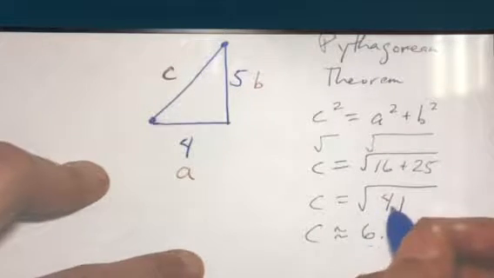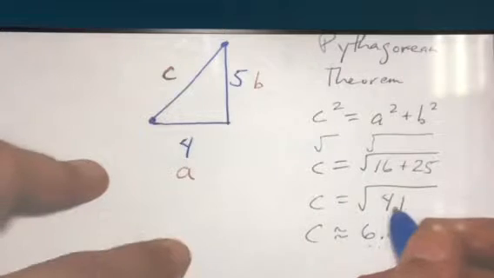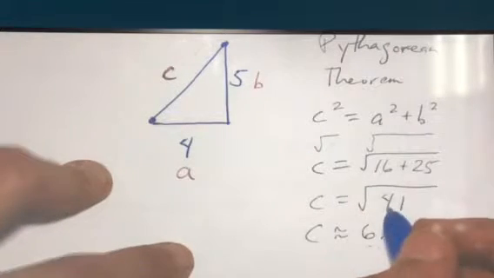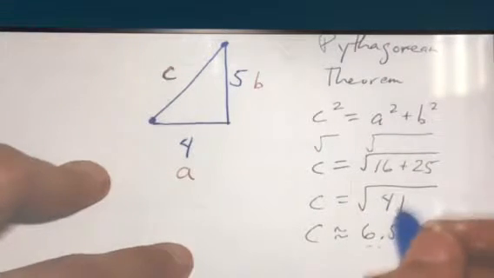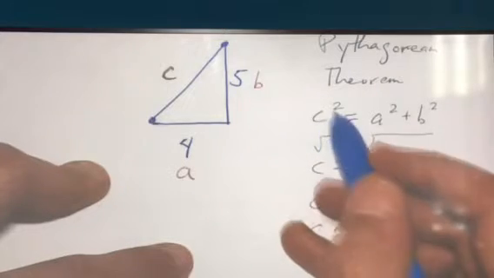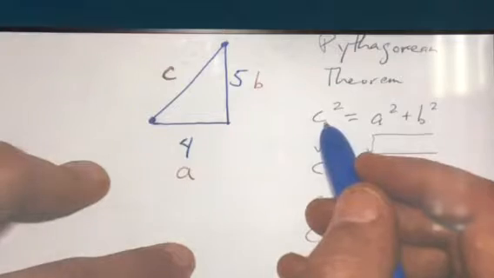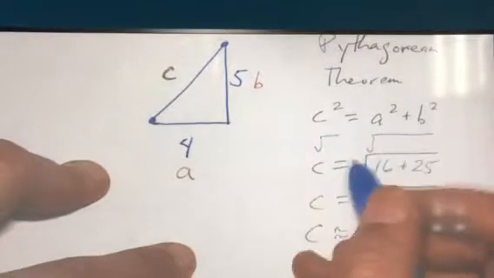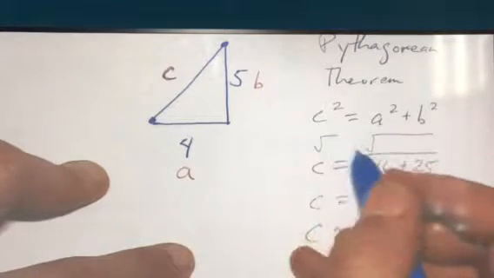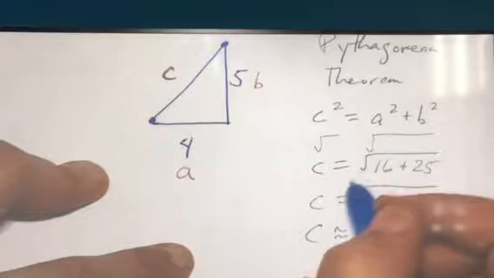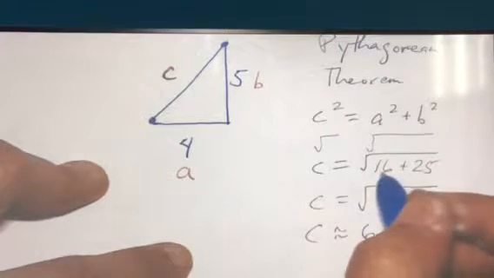So this looked confusing this time around. It will continue to look confusing, but as we practice, you are going to get better at it. You need to remember that c squared equals a squared plus b squared, and to figure out what just c would be, you need to take the square root of both sides. So that's the square root of whatever is under here.